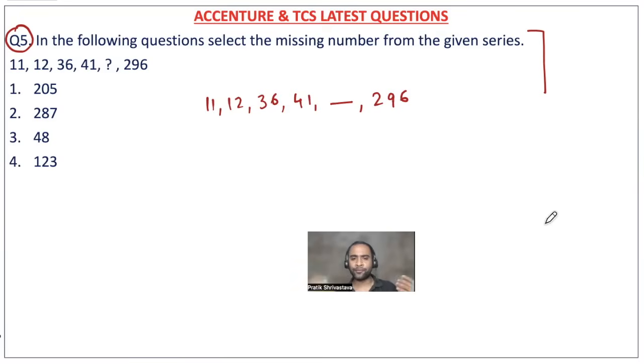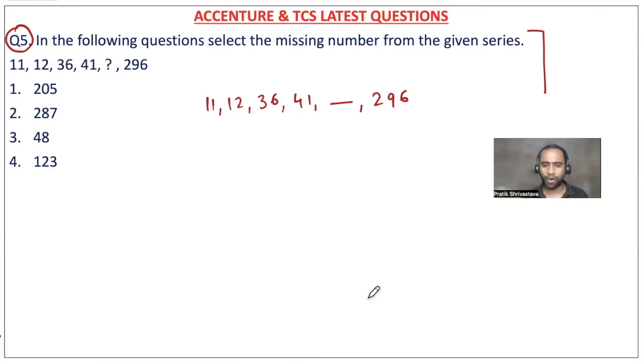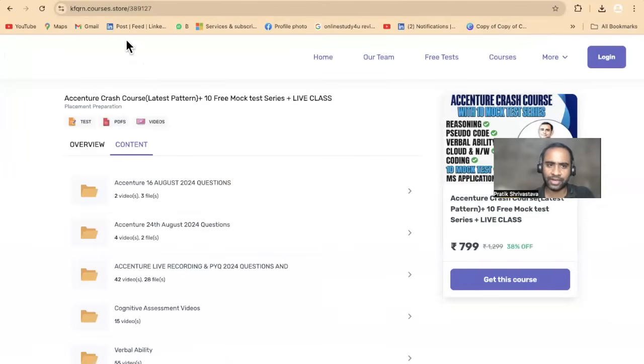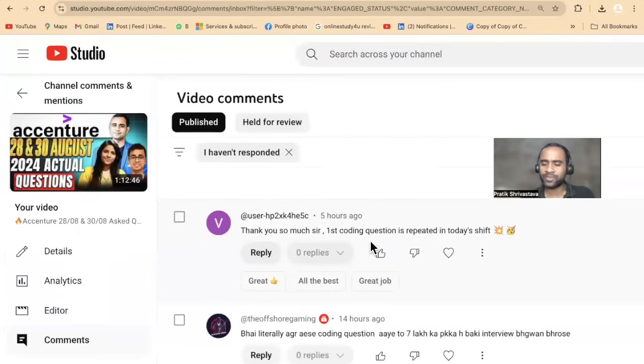Friends, see, many of the faculties will do more and more difficult problems, or they will do questions which will not even be asked in the examination. You need to solve the questions which come in the exam. Like today, this particular student said, sir, thank you so much, sir, the first coding question is repeated in today's shift.